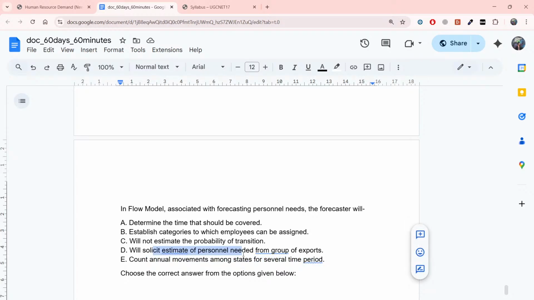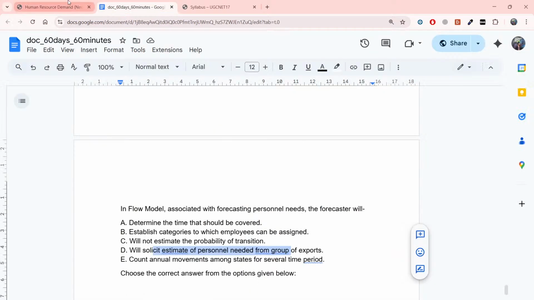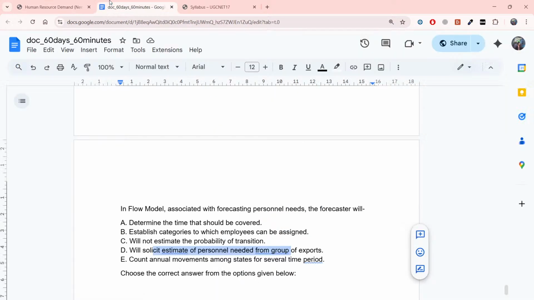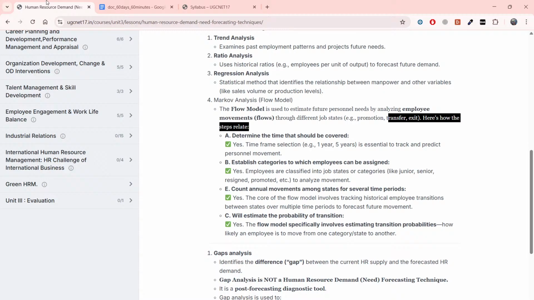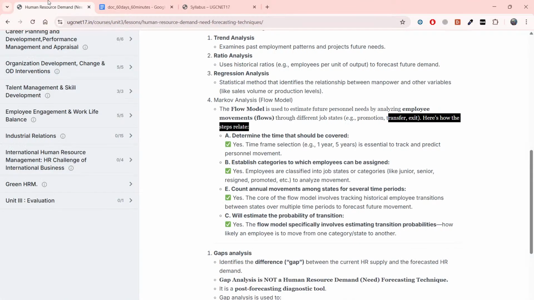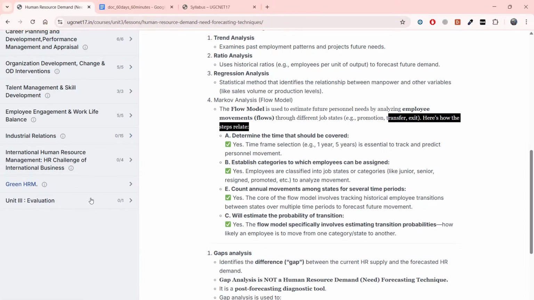Will solicit estimate is among group of experts. Okay, this was there. We must not have paid attention.